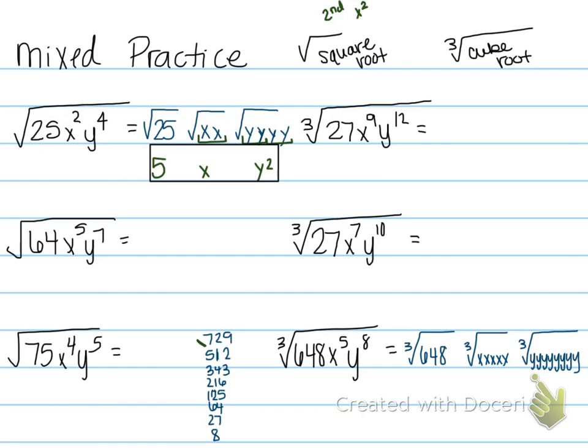I'm going to start dividing. 648 divided by 512. I'm going to keep dividing until I get a whole number. I notice that 648 divided by 216 equals 3.